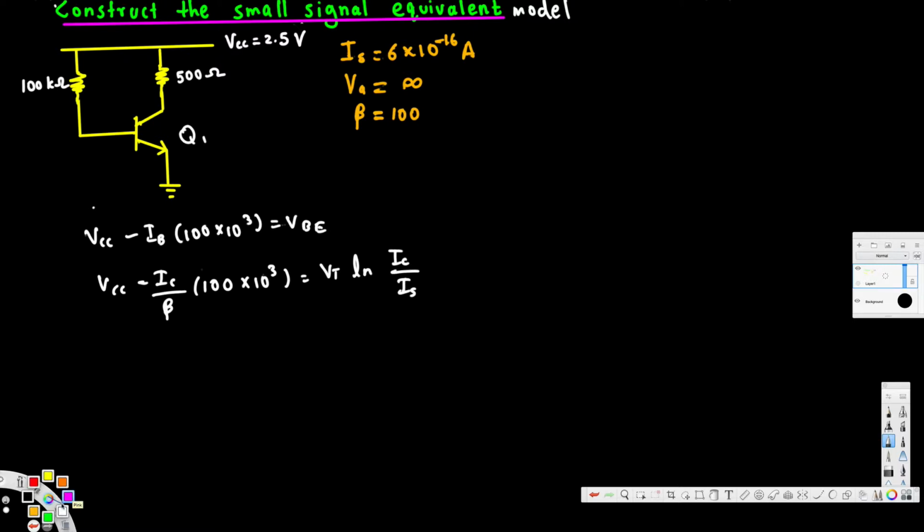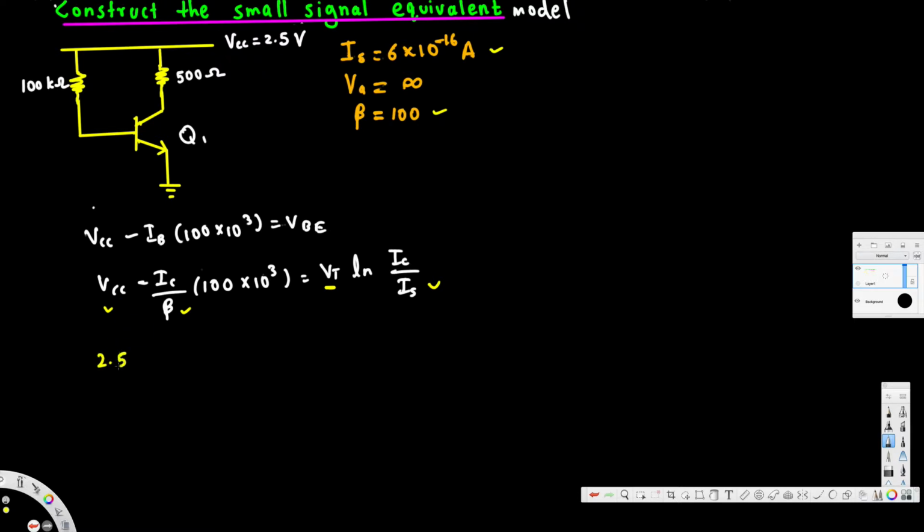We have everything available. We have IS available right here, and also VT is a constant value, and beta is 100. VCC is 2.5. Okay, let's go ahead and replace that one with those values.